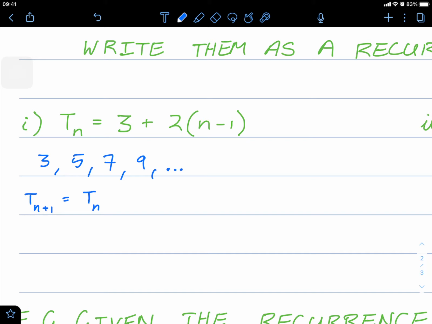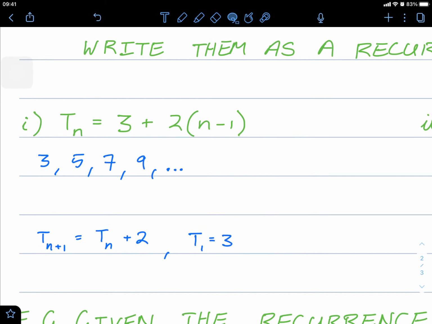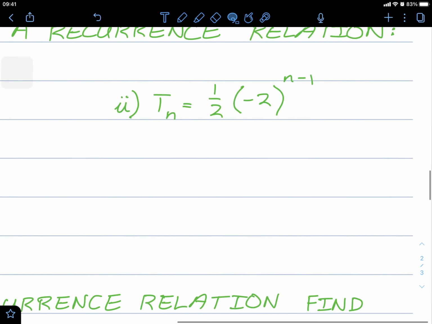So in this case, it's just t of n plus 1 equals the current term plus the common difference 2. But for this, we always need to state that the first term is 3. And this here is our recurrence relation. It's pretty simple.